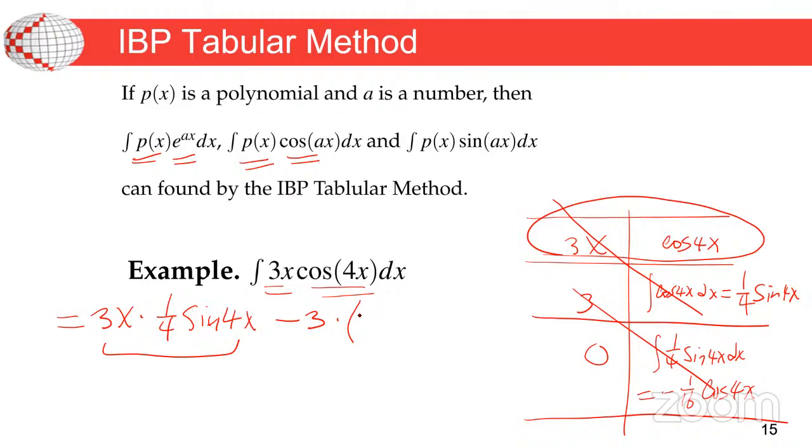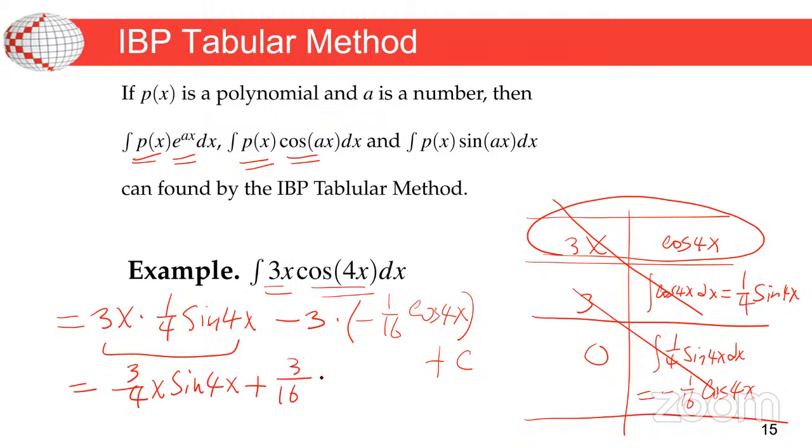So it's 3 times negative 1/16 quotient 4x. We still get two products. We combine them with plus minus signs here, and then we add a c to it. That will be the answer. We can simplify this as 3/4 x sine 4x plus 3/16 cosine 4x plus c. So that will be the result.